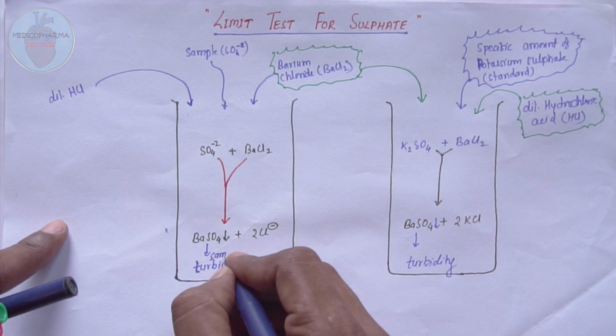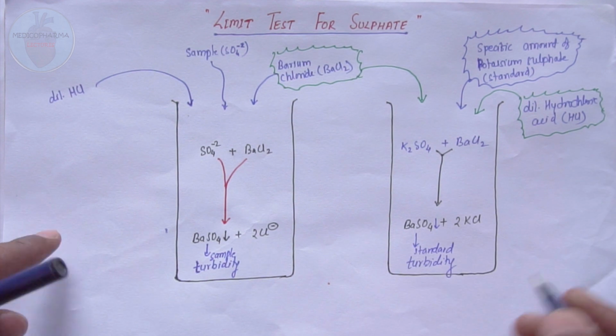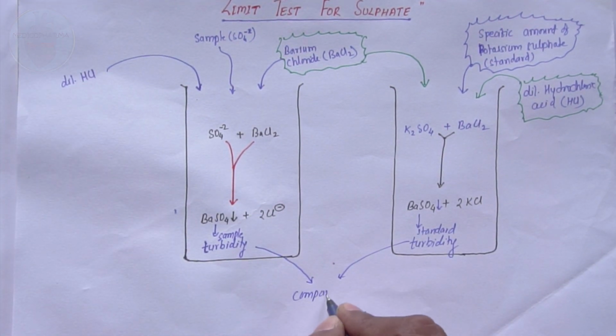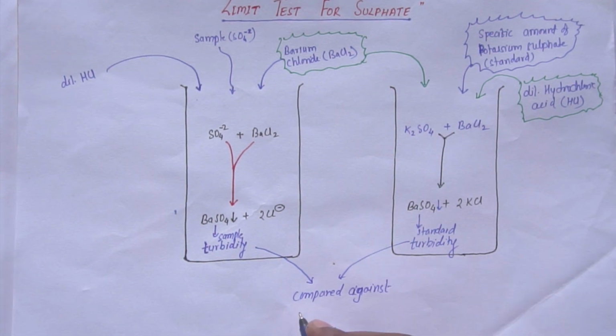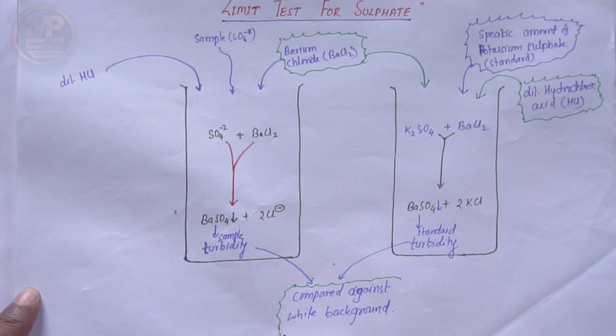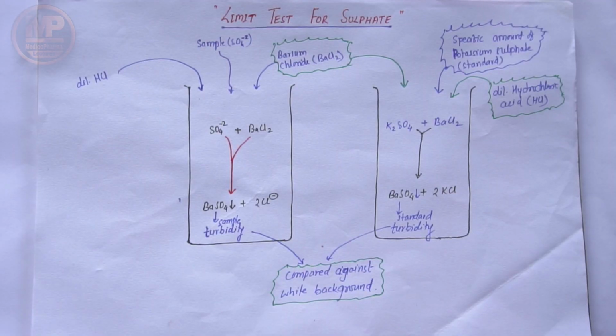The turbidity produced by the sample is called sample turbidity, and the turbidity produced by the standard is called standard turbidity. Both turbidities are compared against a white background. This is the basic principle involved in the sulfate limit test.